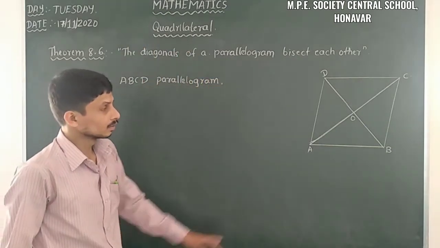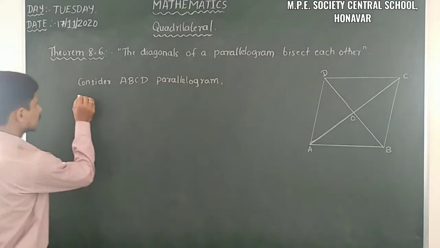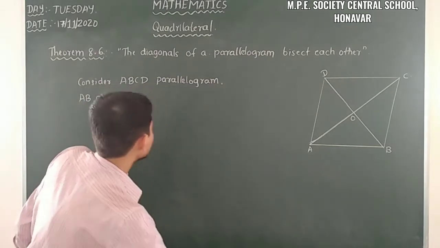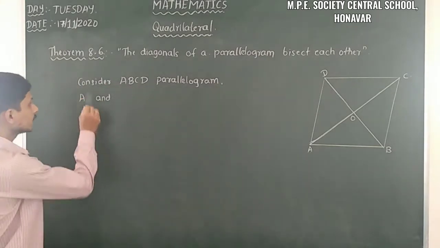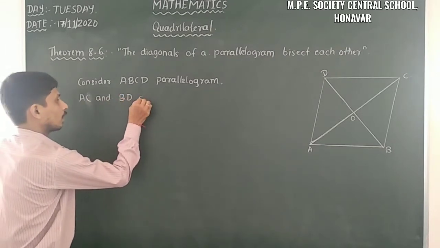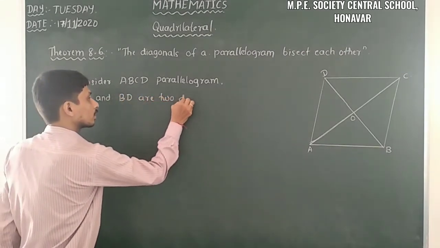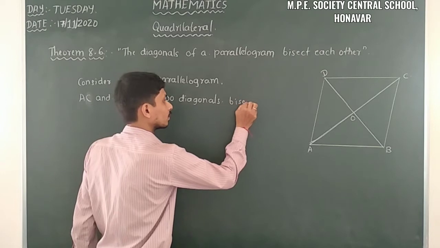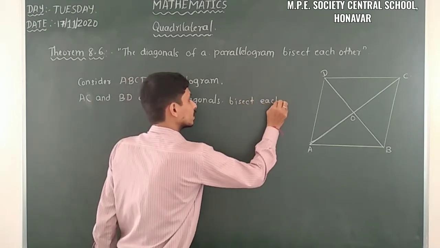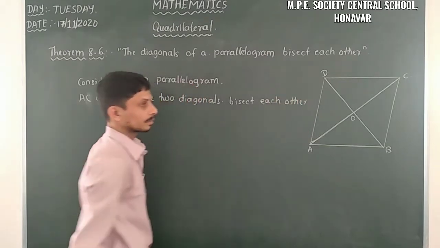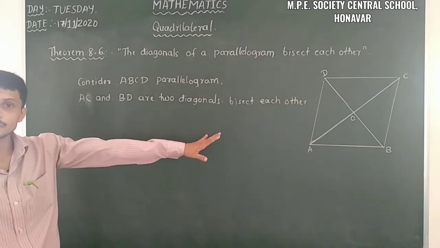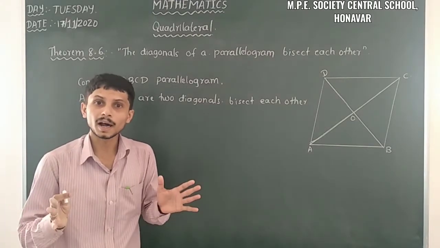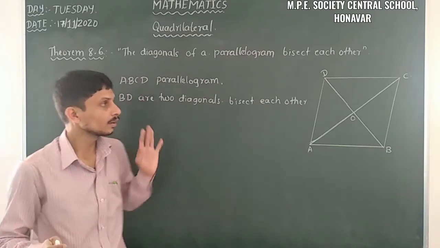Here AC and BD are the two diagonals, and they bisect each other. Bisect each other means each diagonal divides the other diagonal into two equal parts, two halves.